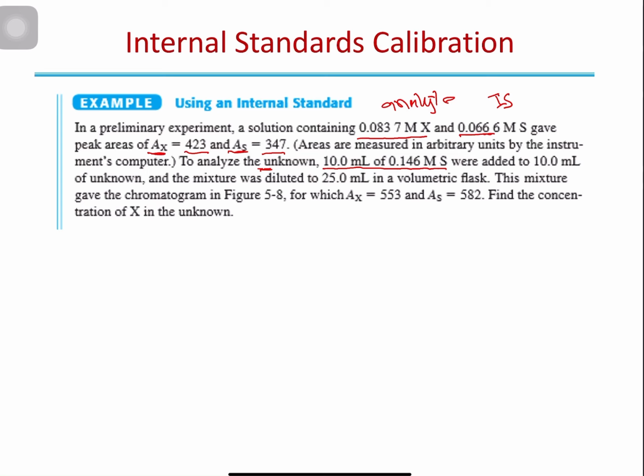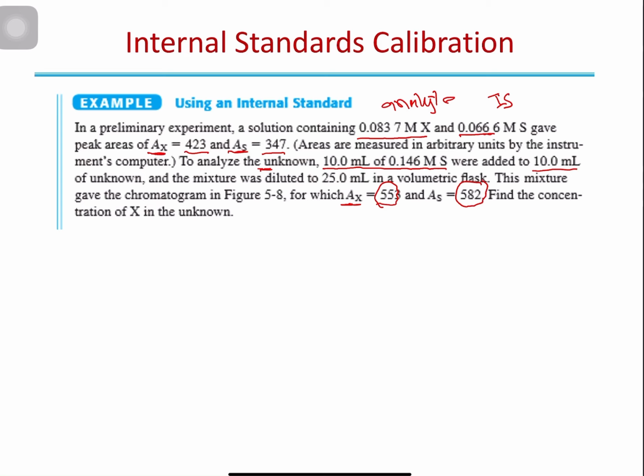It was added to 10 ml of the unknown, and the mixture was diluted to 25 ml in a volumetric flask. This mixture gave a chromatogram for which AX, the area under the peak for our unknown, is 553, and AS is 582. Find the concentration of X in the unknown.